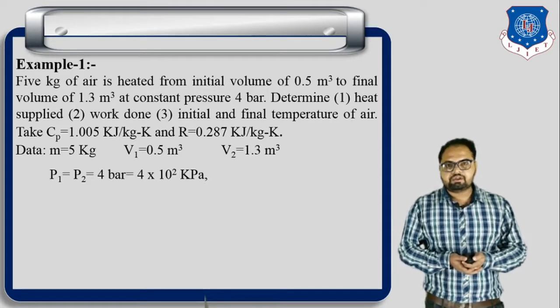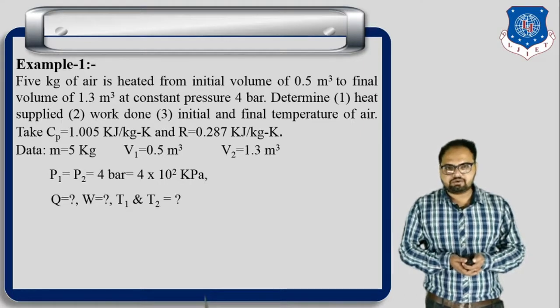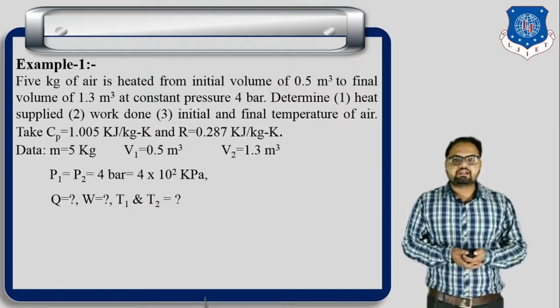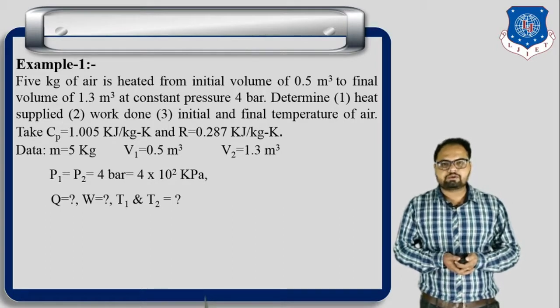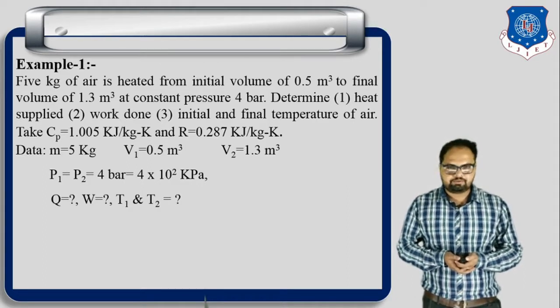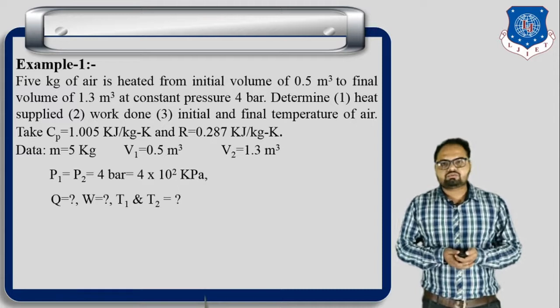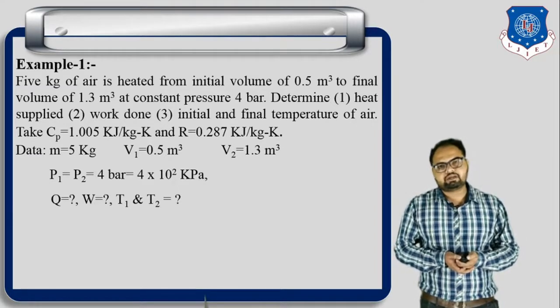Now we need to find the heat supplied Q, work done W, initial and final temperature T1 and T2. Cp is given as 1.005 kilojoule per kilogram Kelvin and R is equal to 0.287 kilojoule per kilogram Kelvin.